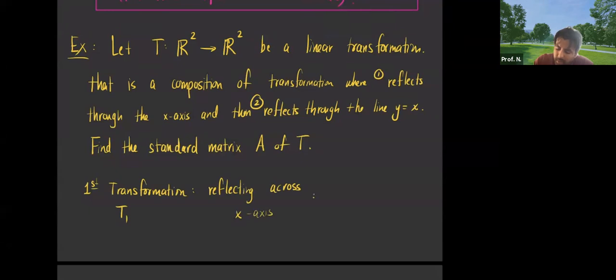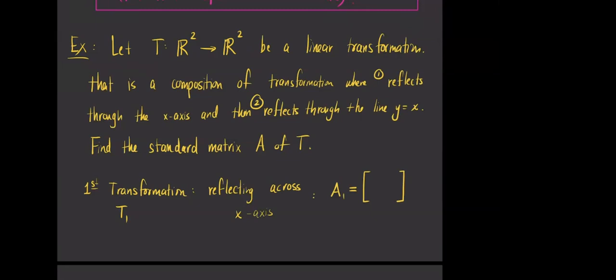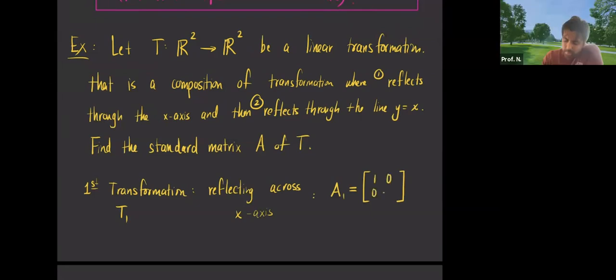I'm going to call the associated matrix A1. Does anybody remember what is the matrix form of reflecting across the x-axis? Remember, we're in the 2 by 2 case. We talked about this last class. Going top to bottom, left to right: 1, 0, 0, -1. That's right. So that's my first matrix, associated with my first transformation.